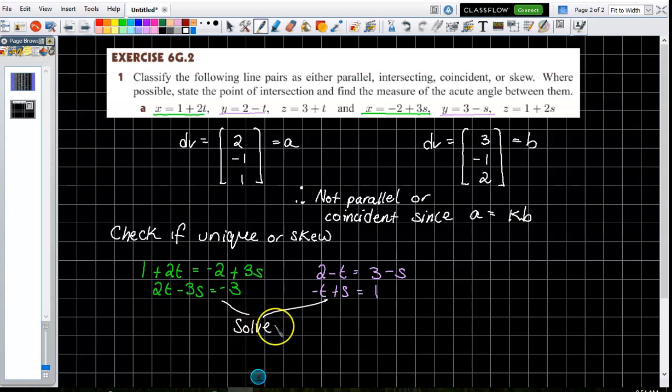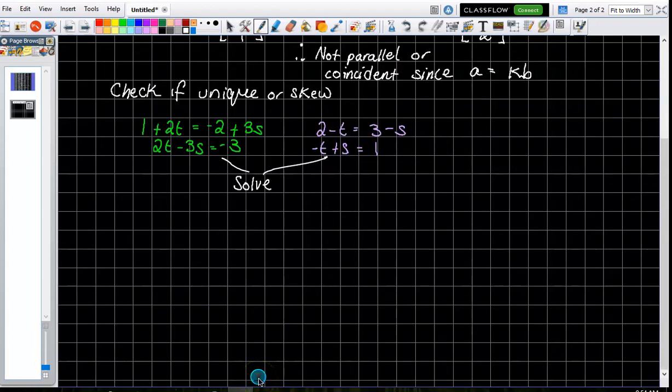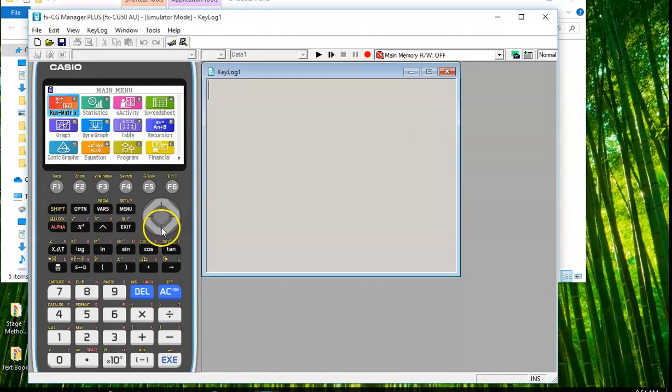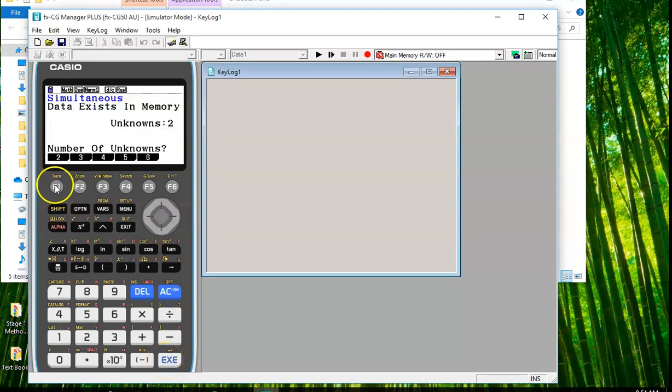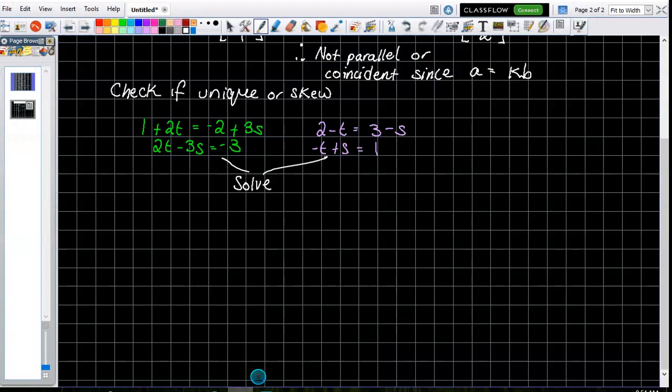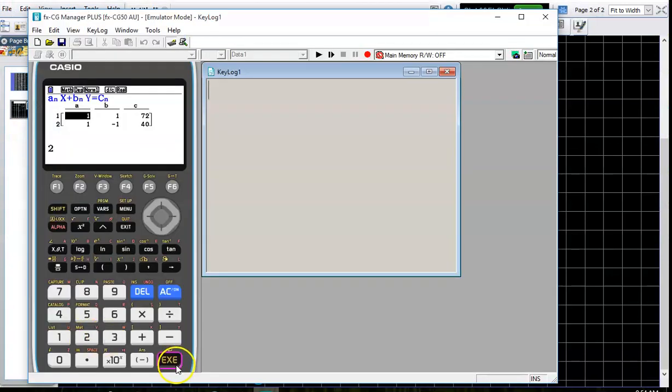Because I've got 2 equations and 2 unknowns, we could do this by hand, but we've got a few minutes left, so I'm just going to be a bit of a slacker. Grab my calculator, go into equation, simultaneous. 2, 3, minus 3, then 2, minus 3, minus 3.